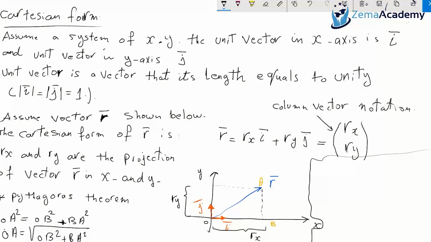Now what is OA here? OA is the modulus of R, which is the length of R, correct? OA is the length of R, or modulus, we said. Square root of OB. What is the length of OB? It is Rx square.